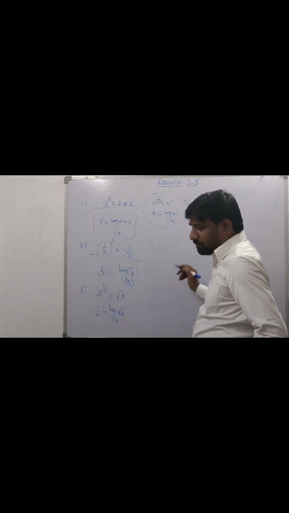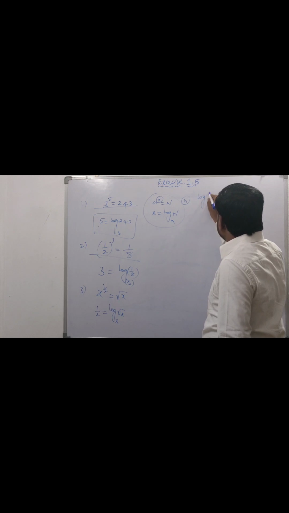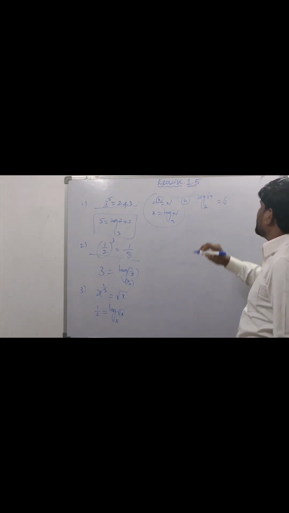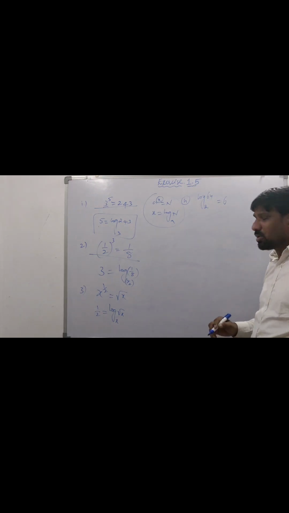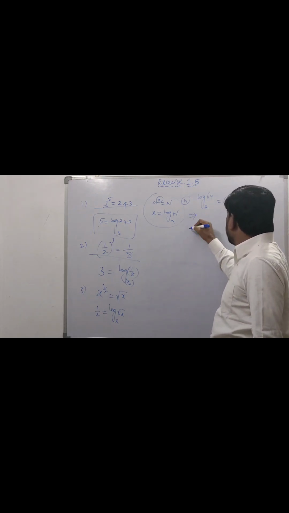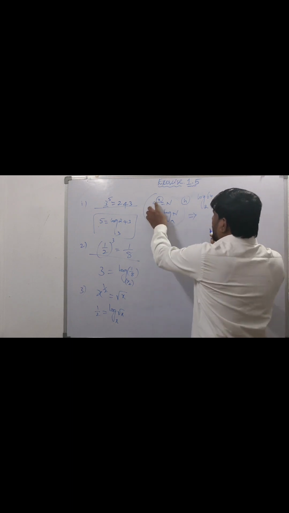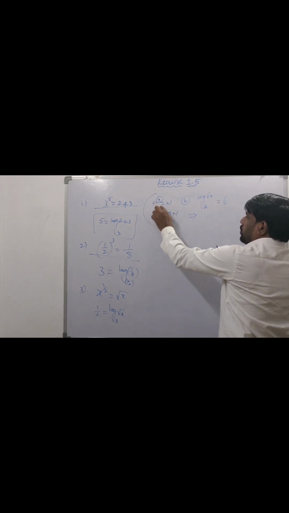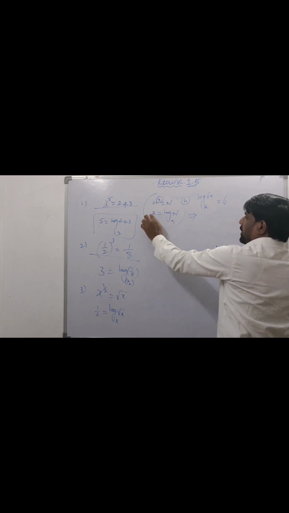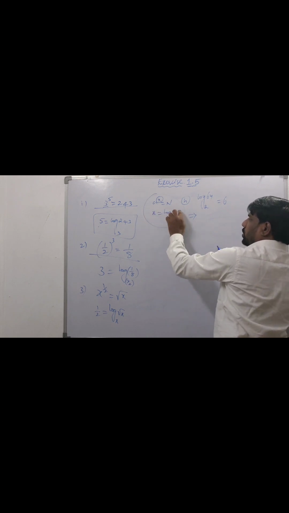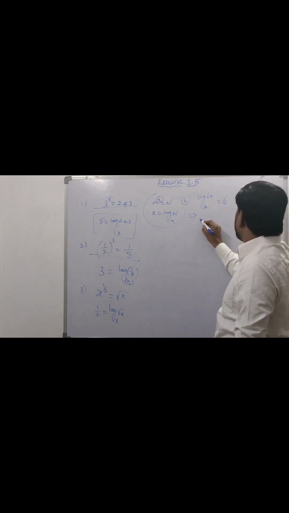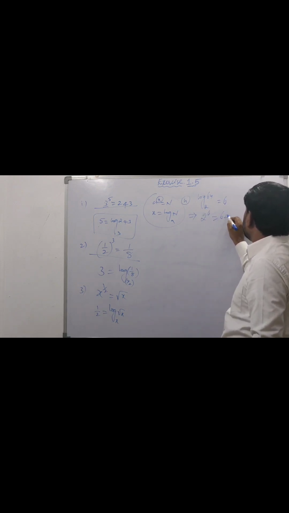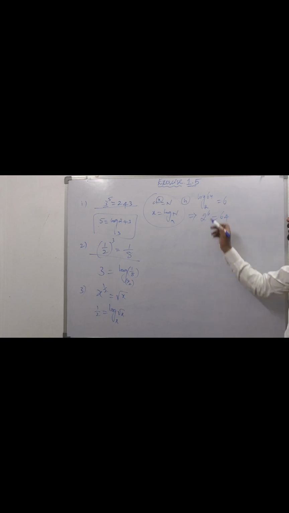Let us see. Logarithm of 64 to the base 2 is equal to 6. Its exponential form is base to the power RHS number equal to n. See here, x is equal to log n to the base a means a power x is equal to n. So 2 power 6 is equal to 64 is the exponential form of log 64 to the base 2 is equal to 6.